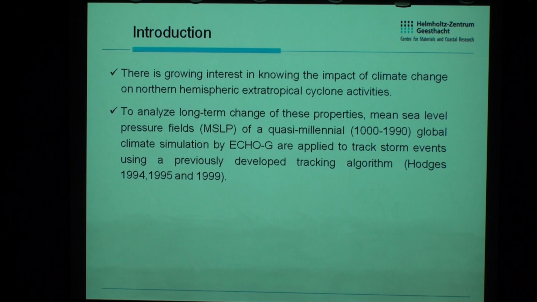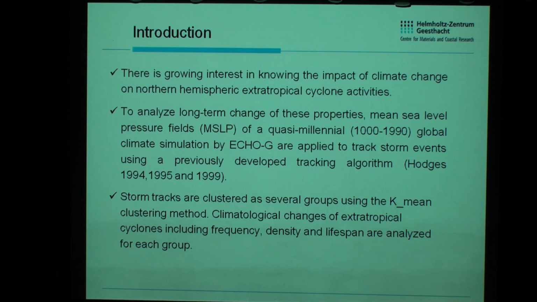First, we use a filter to remove the background or large-scale systems. Then we detect the minimum in mean sea level pressure and connect the minima to form tracks. So it's the same idea.